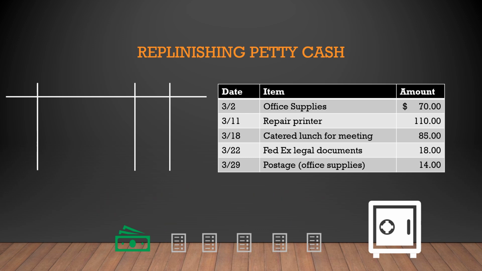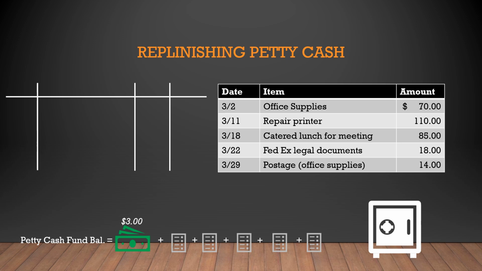Consequently, all these amounts totaled together should equal the petty cash fund balance. For example, let's imagine at the end of the month we have $3 left in the box. We obviously need to replenish the cash box, and we can do so as follows.